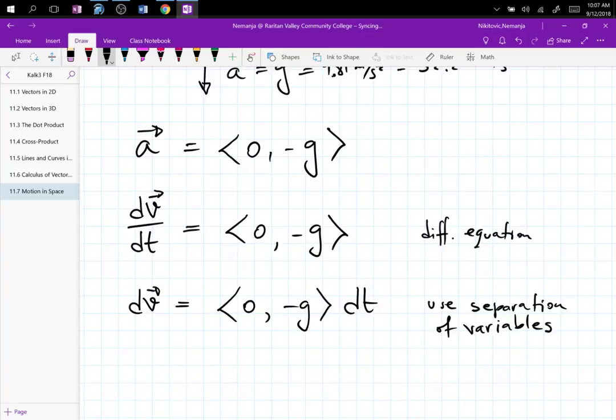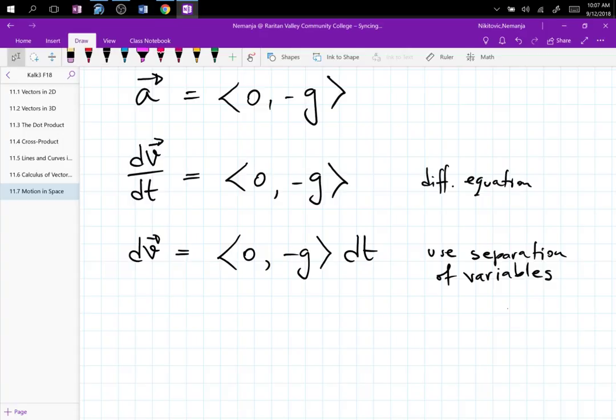Now, you learned this basic idea of separation of variables in your Calculus 2 course. There was a section on differential equations, I believe 7.9. And you learn a few basic ideas there. This is one of them. So now when you separate your variables, you integrate both sides. The integral of dv is just going to give you vector v. And on the other side, you'll have constants.